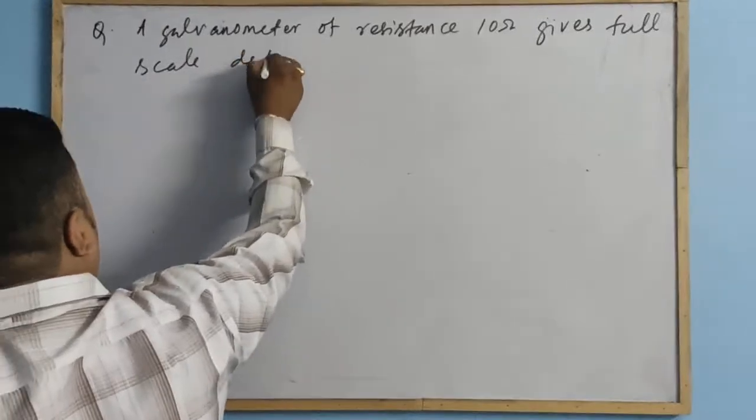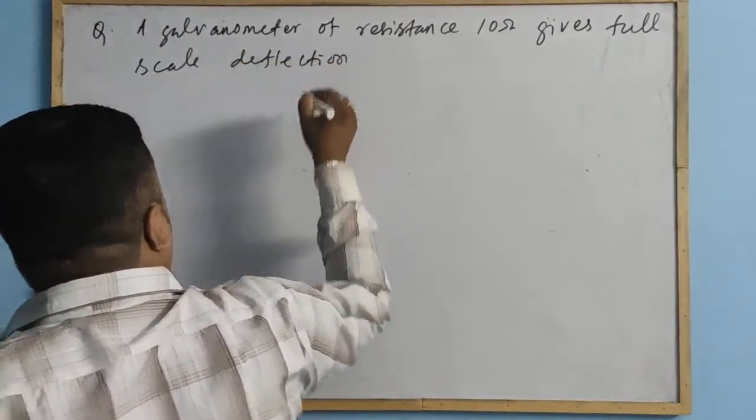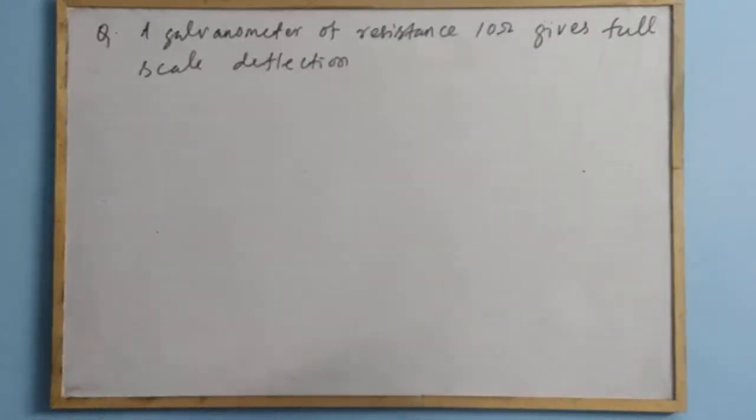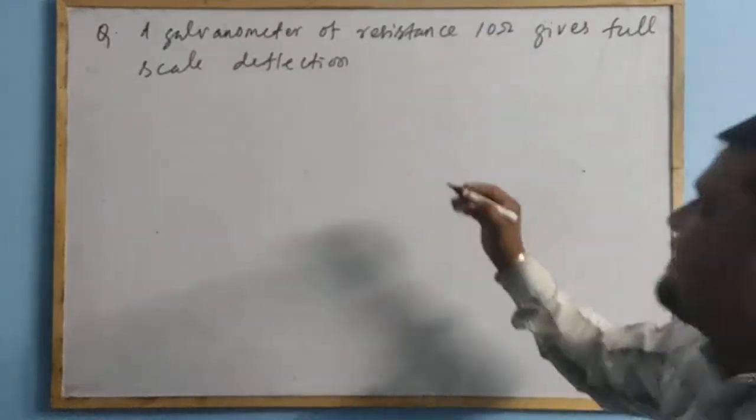A galvanometer of resistance 10 ohm gives full scale deflection for a current of 4 milliampere.